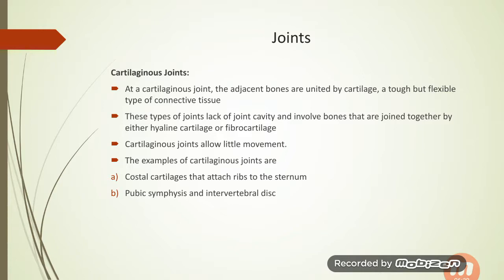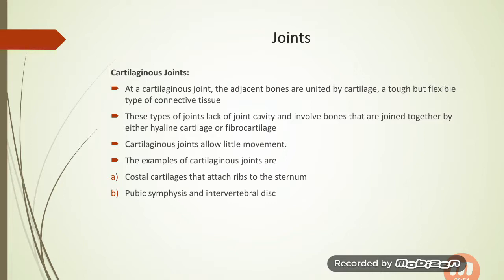So these types of joints lack a joint cavity and involve bones that are joined by either hyaline cartilage or fibrocartilage. So by now you are well familiar with three types of cartilages which we discussed in the previous topics.